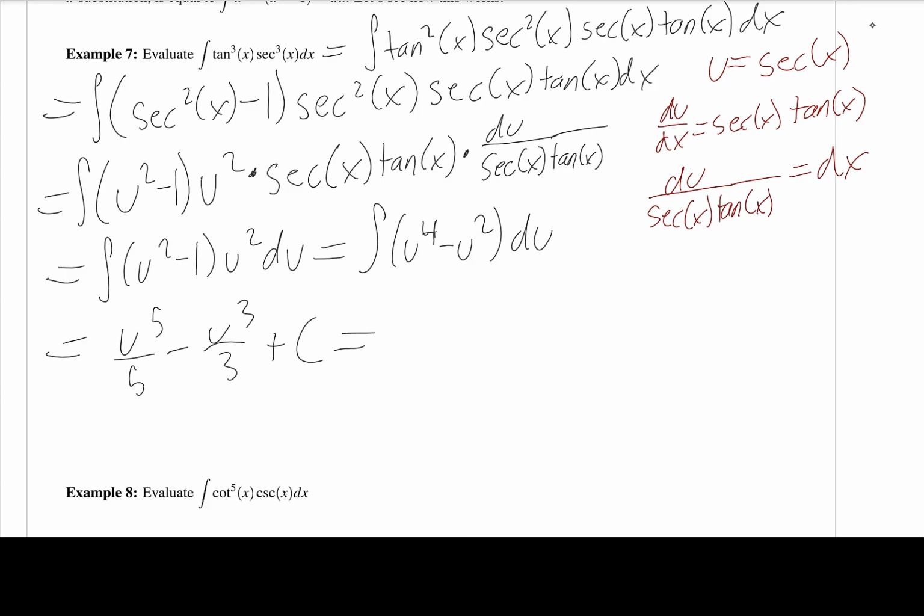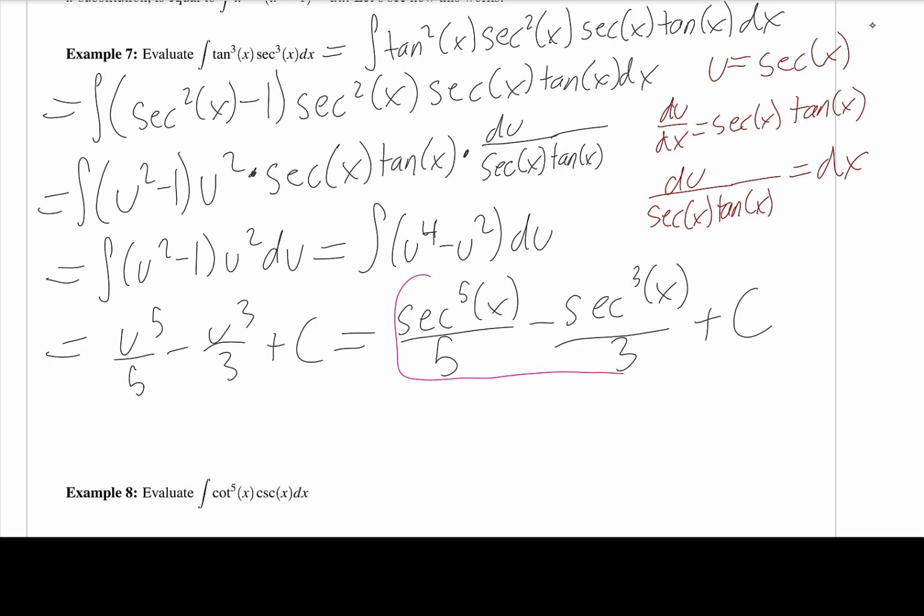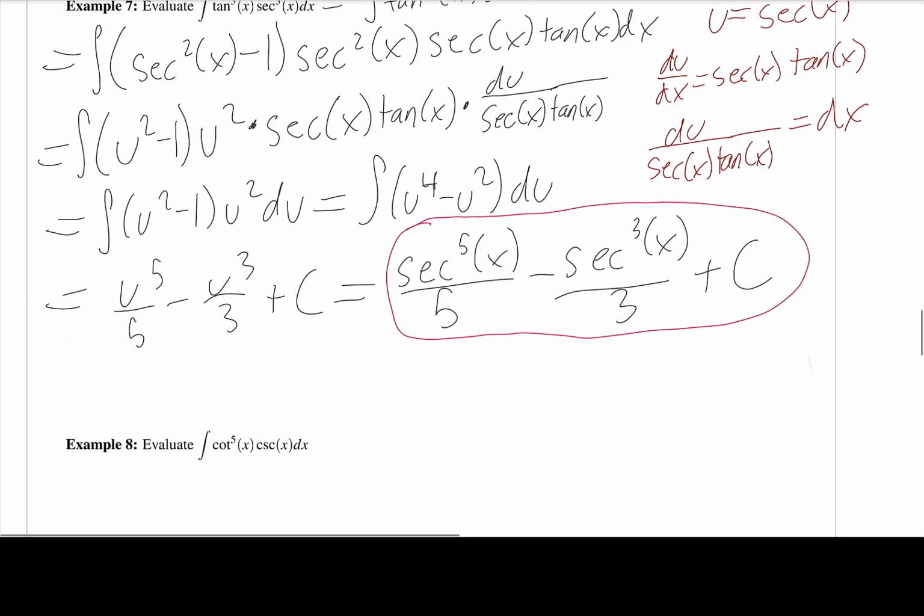And then we just input u equals secant of x. So this is secant to the 5th of x over 5 minus secant cubed of x over 3 plus c. All right, and then there's our answer. Hopefully y'all can see what color that is. It's our favorite.